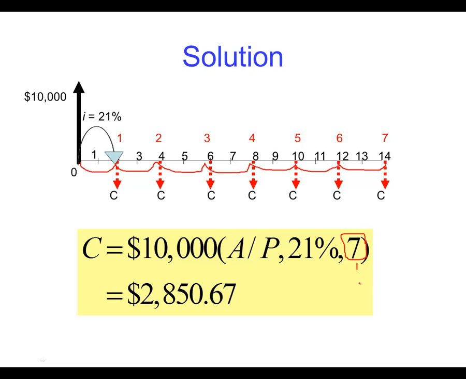That is my n, and the i in this case is 21%, and the principal amount is 10,000. Now implementing this formula, I will get 2,850 and 67 cents, which is the same amount that we got from the first approach or first method.